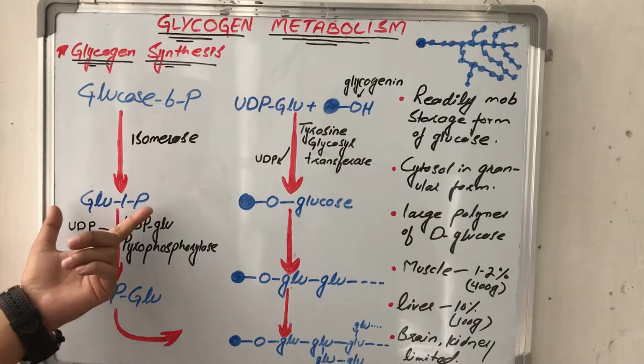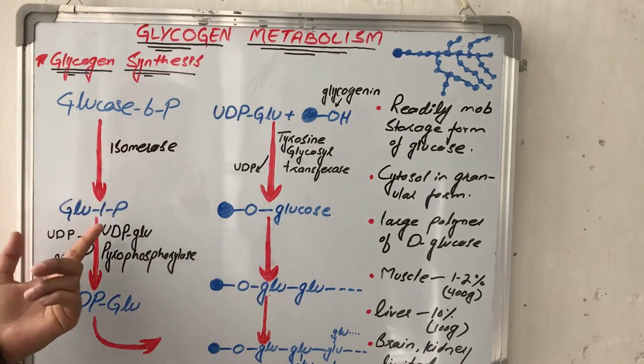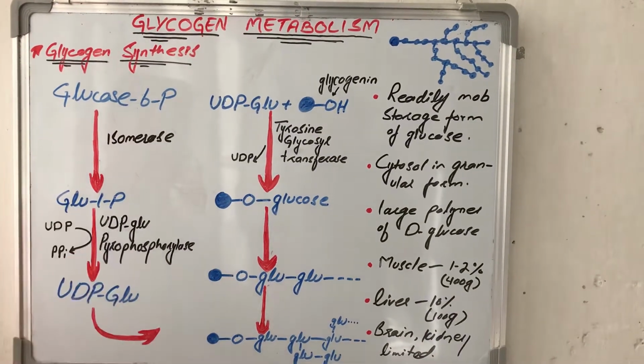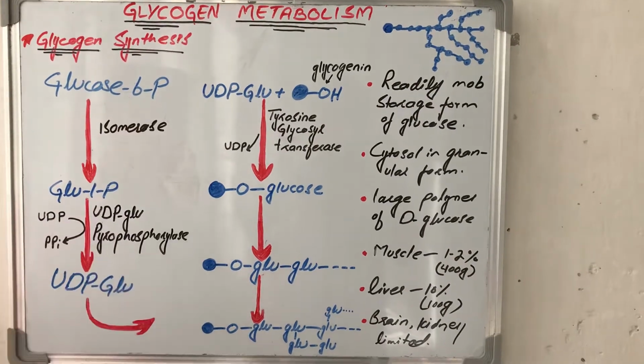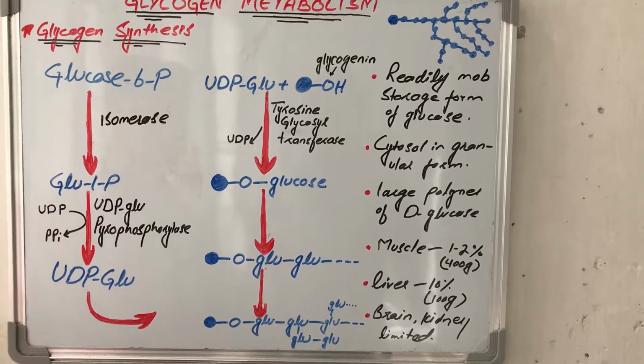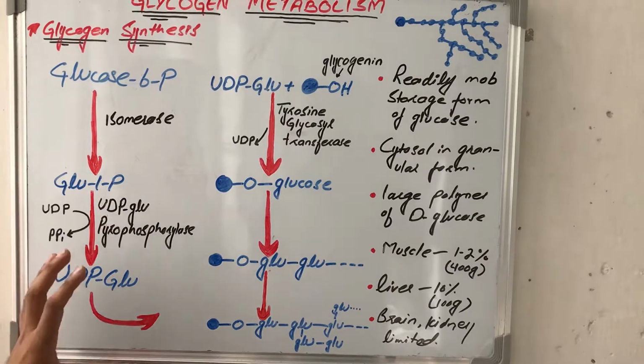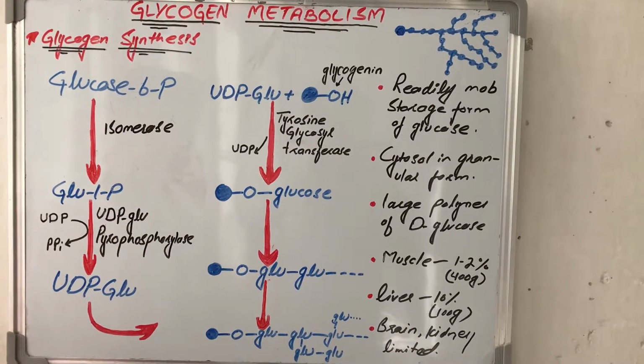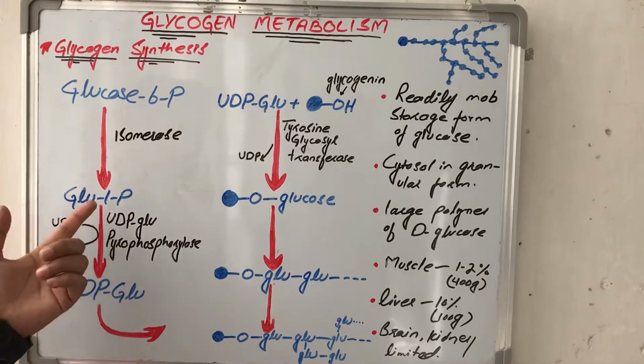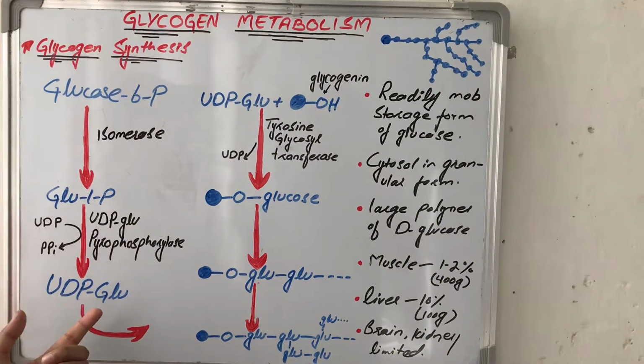After the conversion of glucose 6-phosphate to glucose 1-phosphate, glucose 1-phosphate, with the help of the enzyme UDP-glucose pyrophosphorylase, which is an essentially important enzyme, is converted into UDP-glucose.